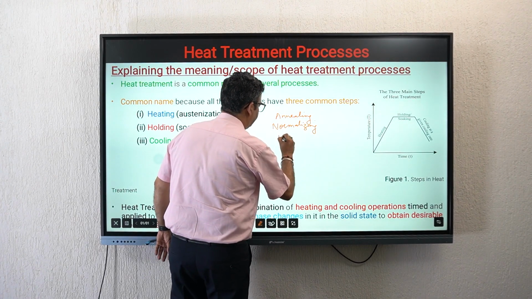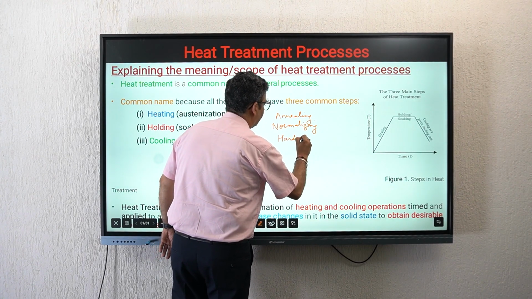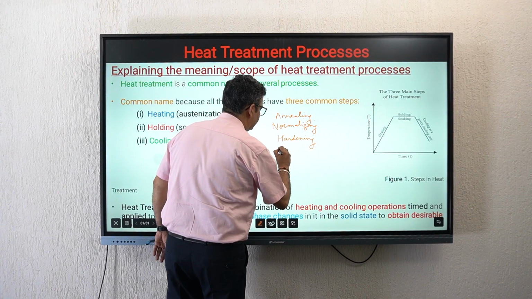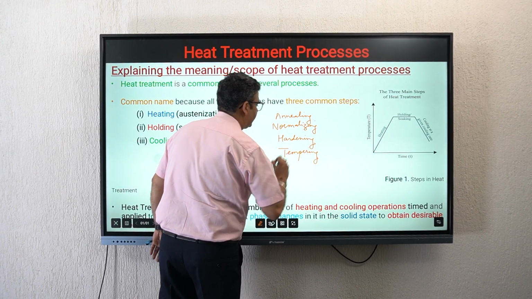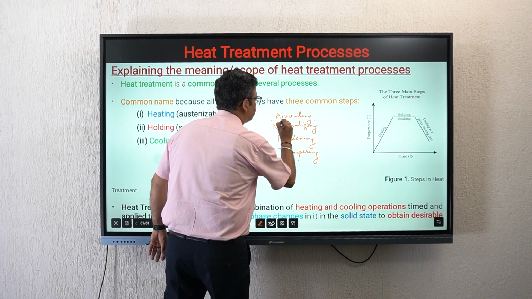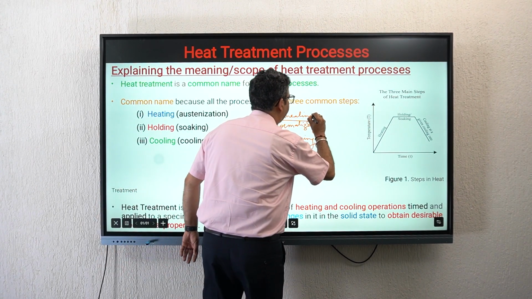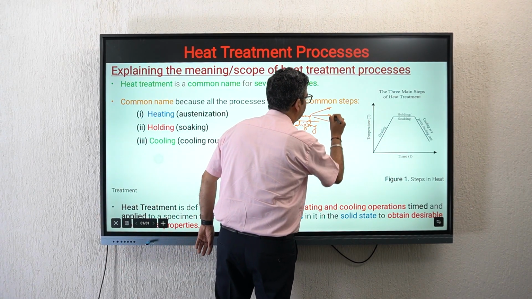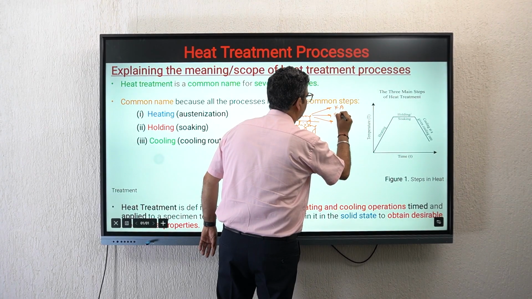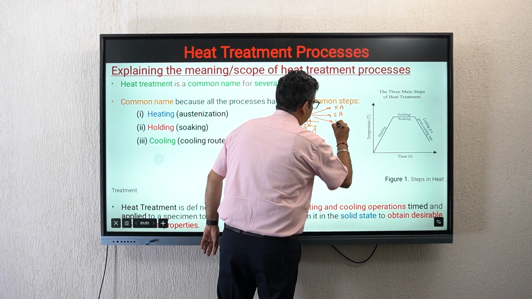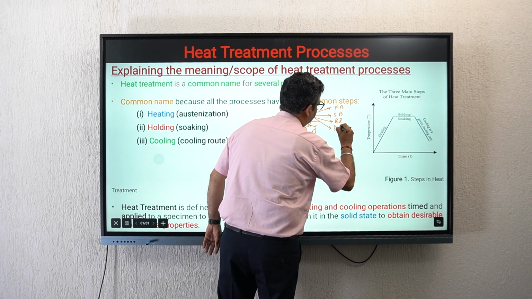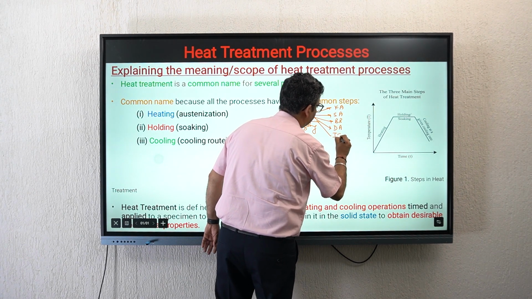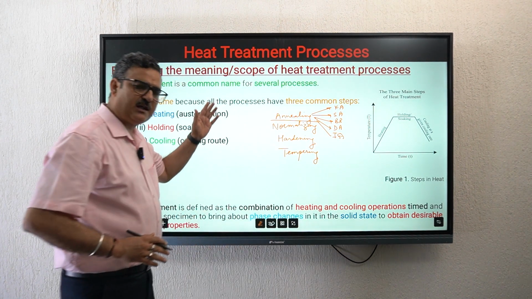We have another heat treatment which is called hardening. We have another heat treatment process which is called tempering. Like annealing, which further is of many, many types: full annealing, spheroidization annealing, black box annealing, diffusion annealing, isothermal annealing. Means processes are many.